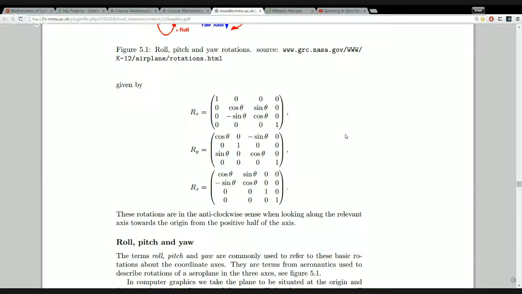Okay? So that's why we have this 1 in the x-axis entry. And then we're going to have 0, cosine theta, just as it is in the notes, sine theta, 0, minus sine theta, cosine theta, 0, and 0 there, and then the fourth row is this usual homogeneous row to repeat the homogeneous coordinate.